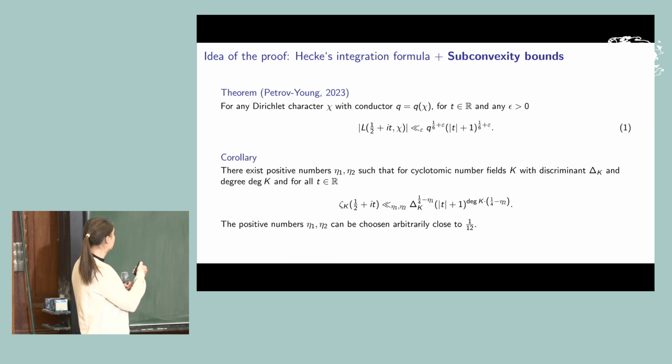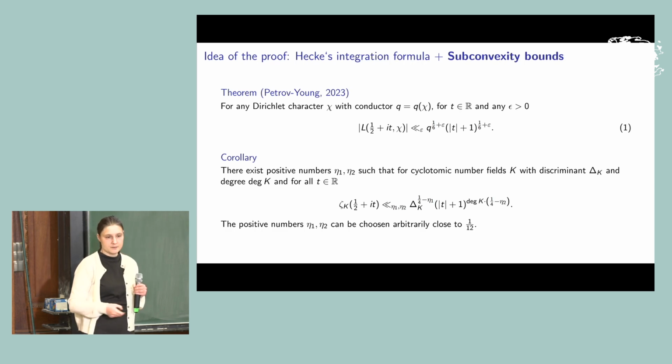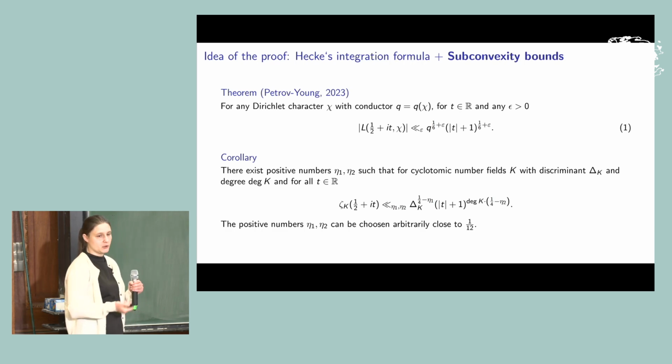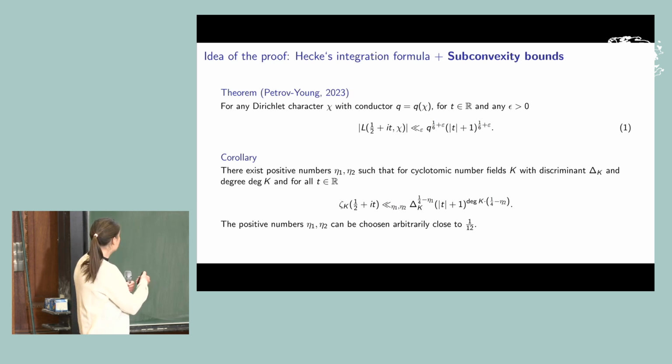If we have good estimates for these L functions, then we also have good estimates for the Dedekind zeta function of the cyclotomic number field. So from this result, we can get this kind of control on the Dedekind zeta function.